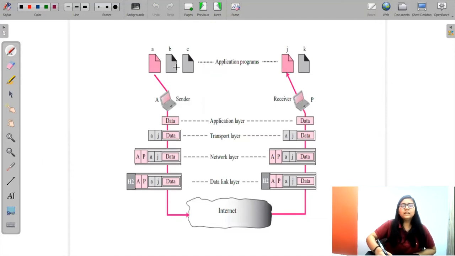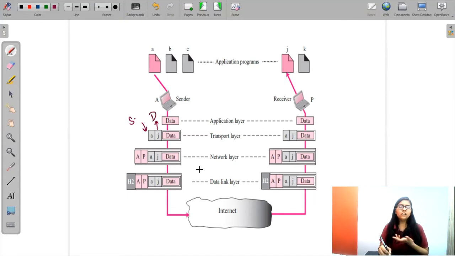In this example, let's say this is the sender and this is the receiver. At the sender side there are three processes A, B and C running, and at the receiver side there are two processes J and K. Now if process A wants to communicate with process J, at the transport layer it first adds the sender port address and the receiver, or destination, port address.